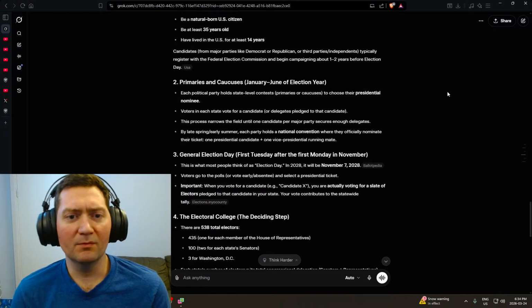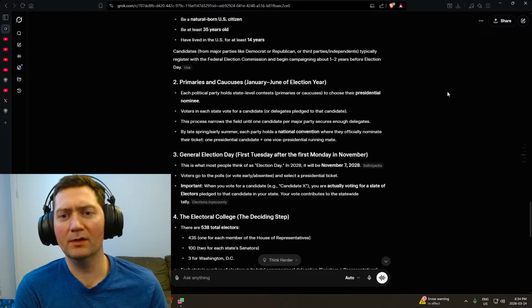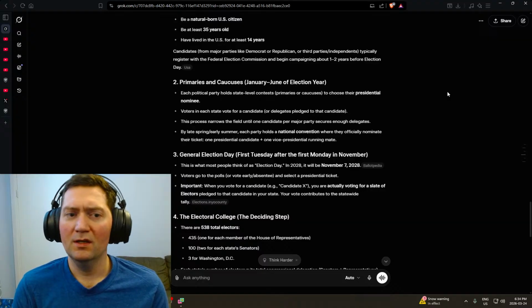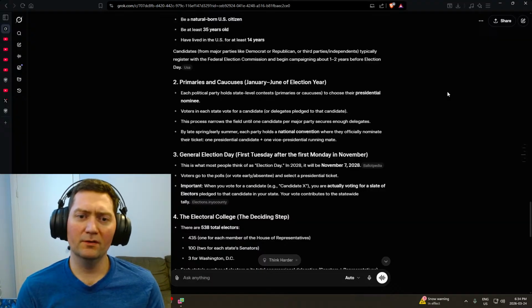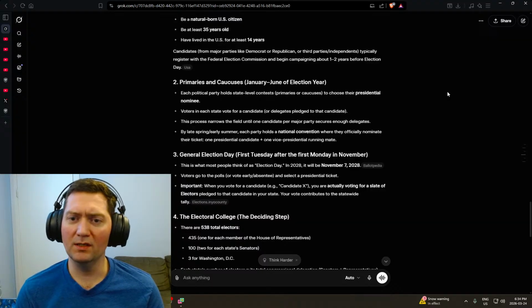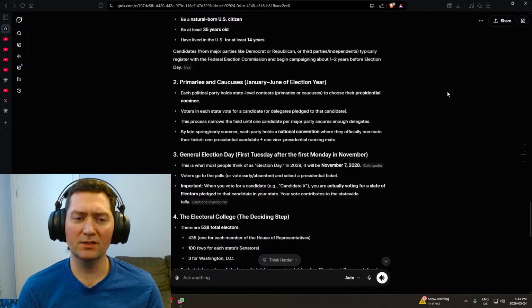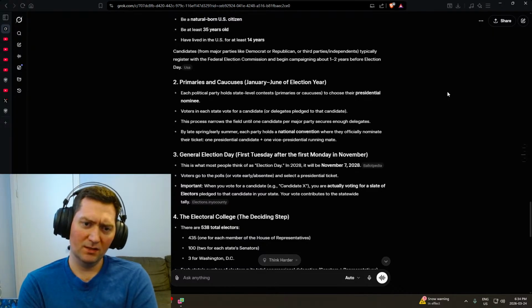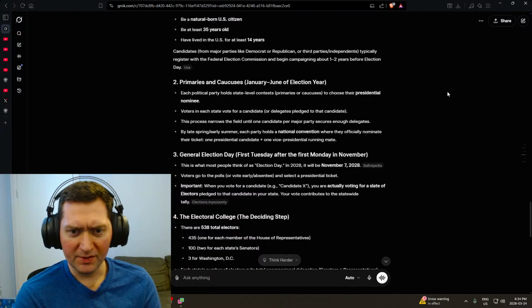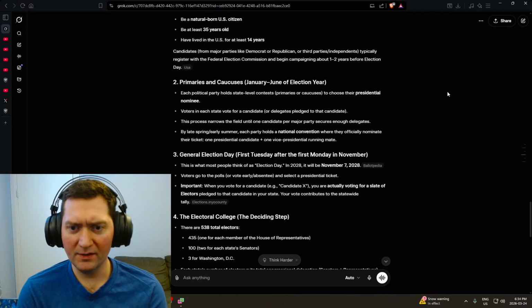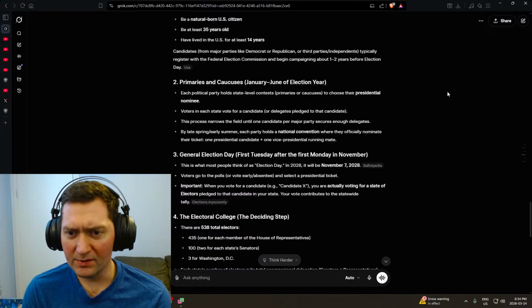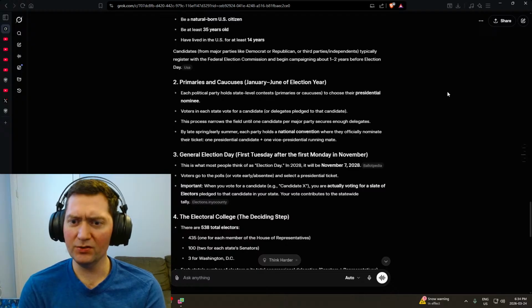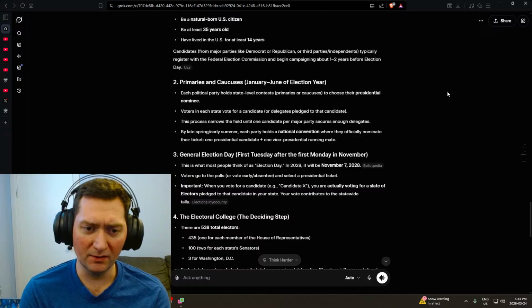Candidates from major parties like Democrats or Republicans, or third parties, typically register with the Federal Election Commission and begin campaigning 1 to 2 years before Election Day. Primaries and caucuses. Each political party holds state level contests called primaries or caucuses to choose their presidential nominee.